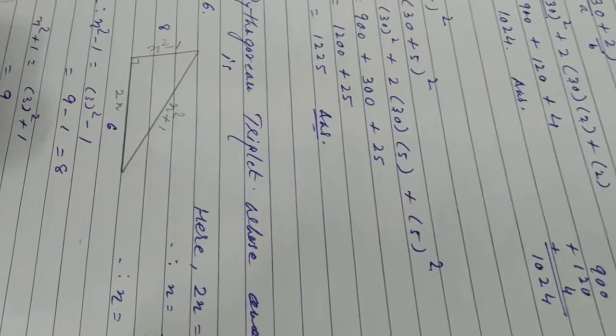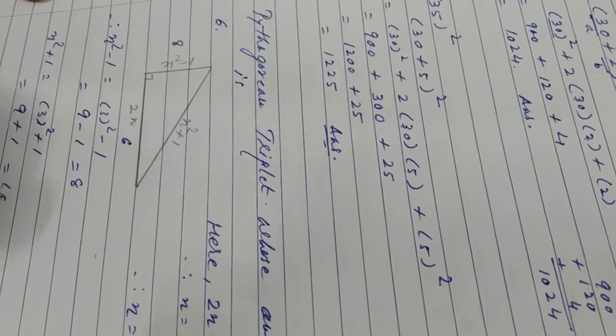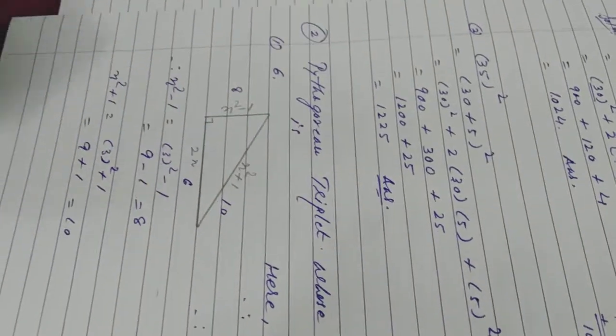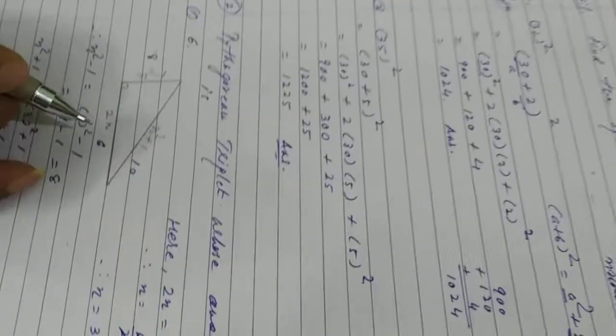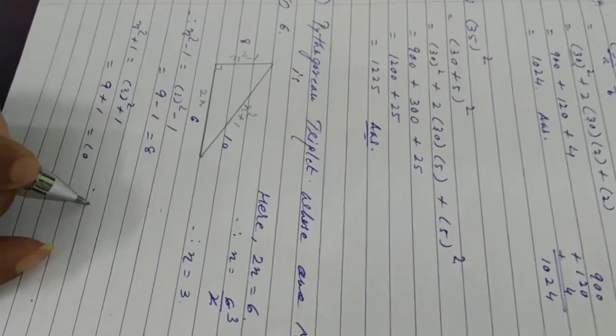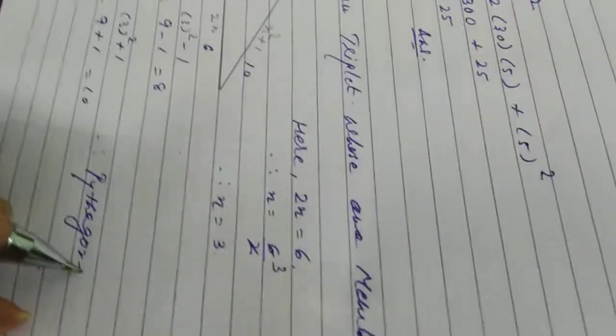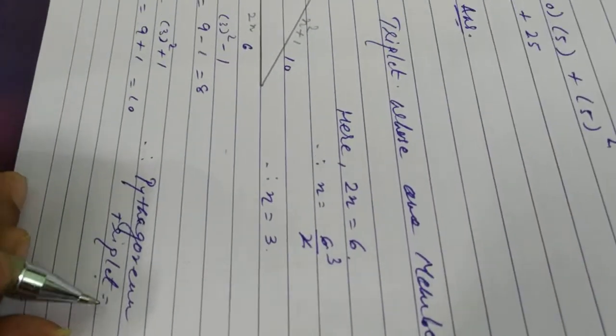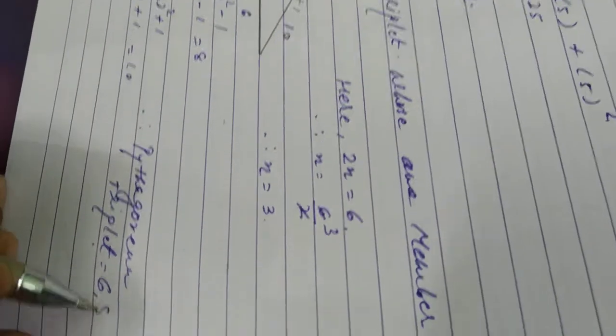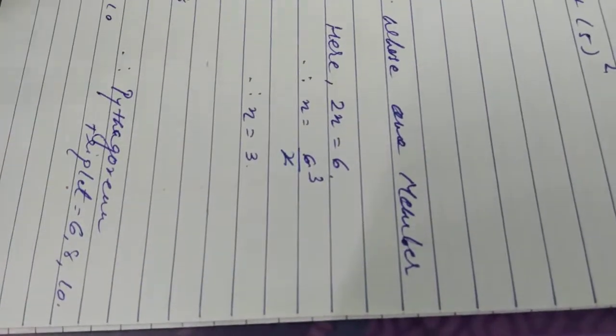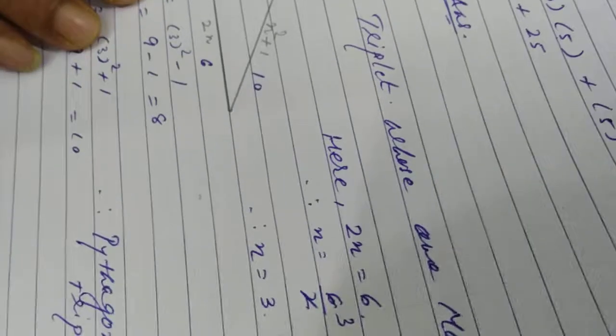Three 3s are 9 plus 1, so 10. So what is the Pythagorean triplet over here? 6, 8 and 10. Understood? Good. Now, see the next one.